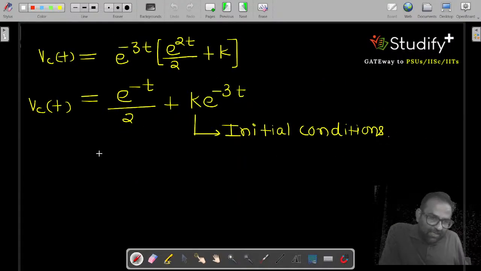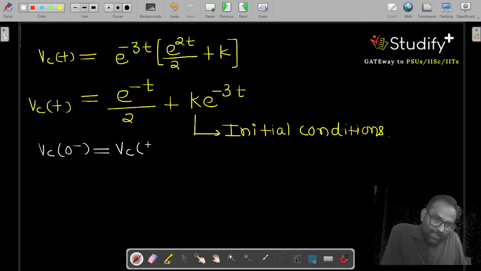So can I say VC0 minus equals VC0 plus, which is given as half volt.